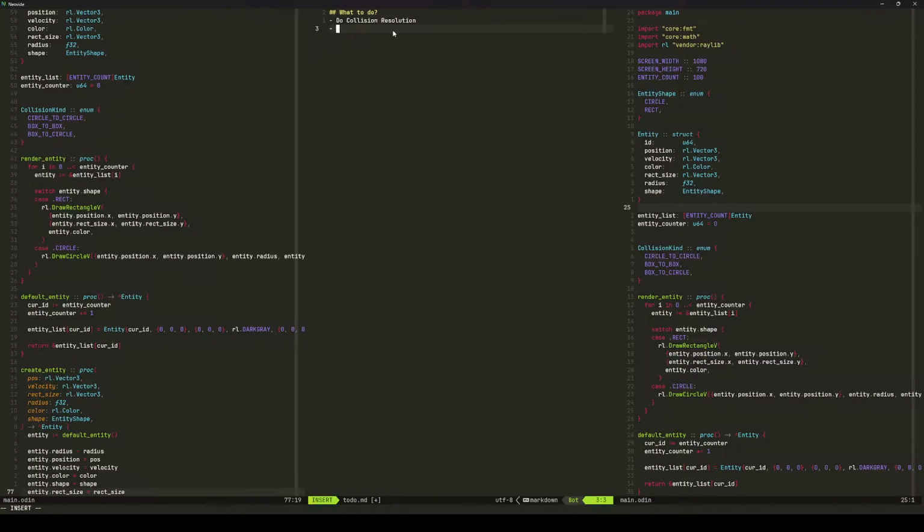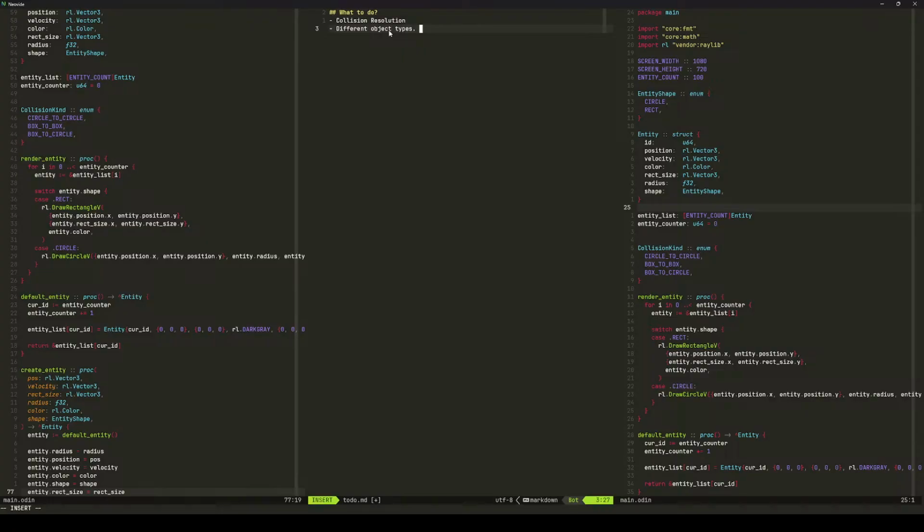Okay, collision resolution. Probably a bounce effect. Different object types, right?